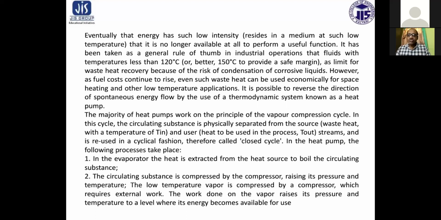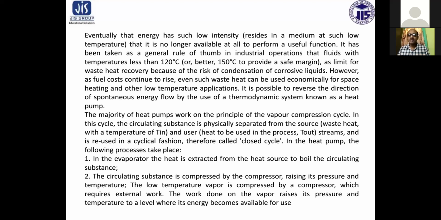The majority of heat pumps work on the principle of the vapor compression cycle. In this cycle, the circulating substance is physically separated from the source and user streams and is reused in a cyclic fashion, therefore called a closed cycle.